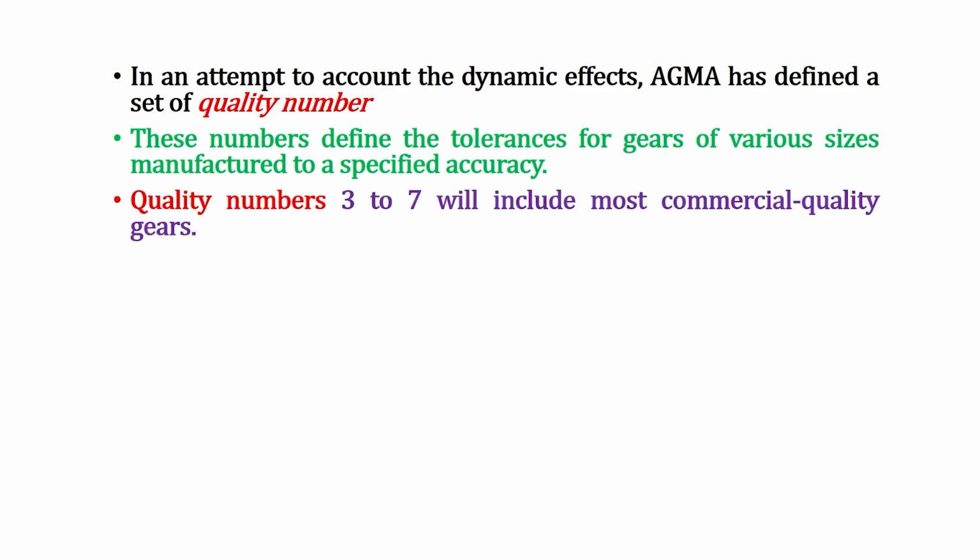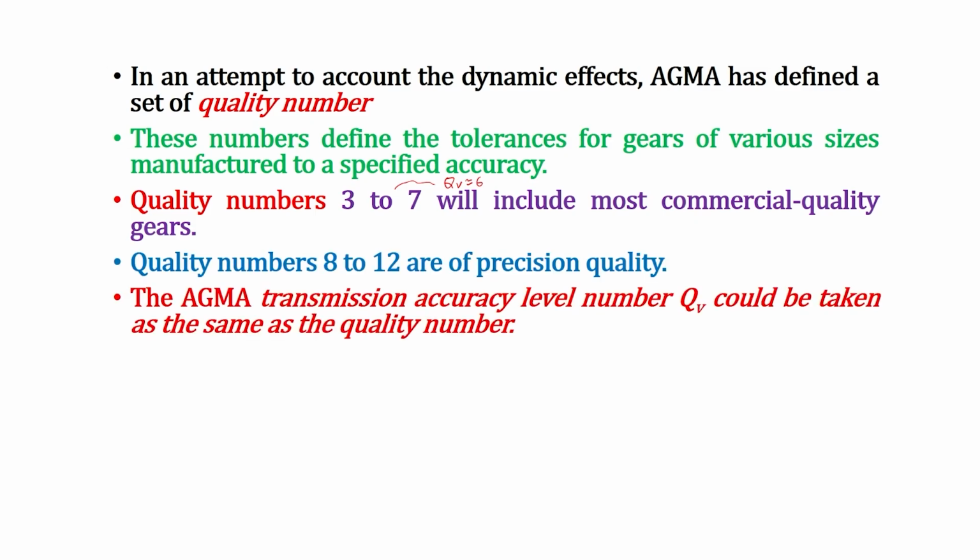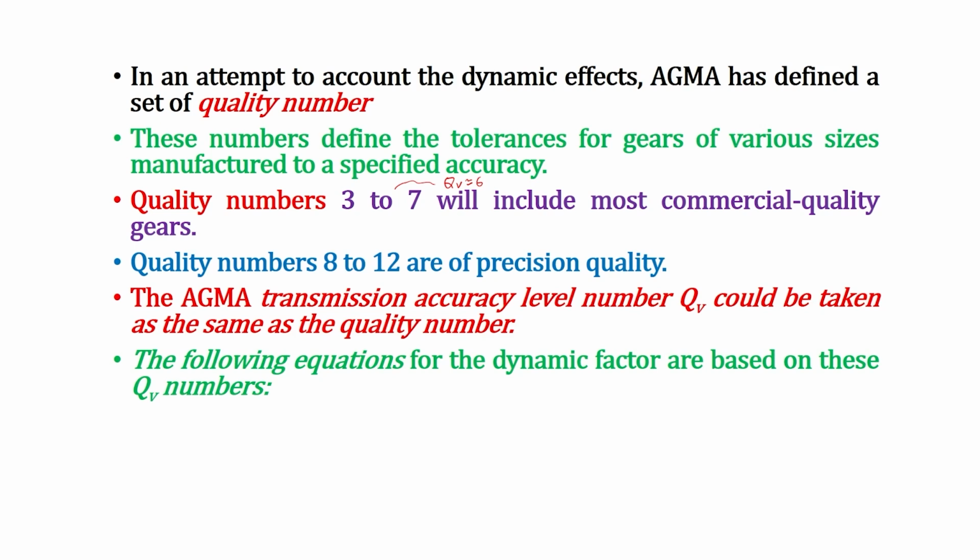Quality numbers 3 to 7 will include most commercial quality gears, and thus we have selected Qv equal to 6. Quality numbers 8 to 12 are of precision quality. The AGMA quality accuracy level number Qv could be taken as the same as the quality number. The following equations for the dynamic factor are based on these quality numbers.